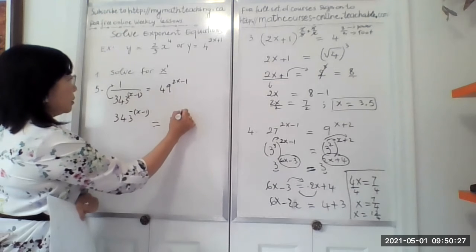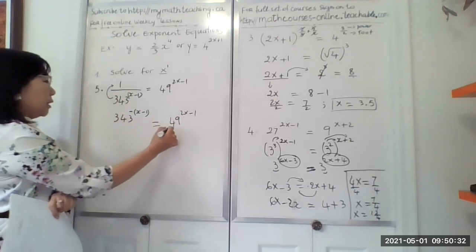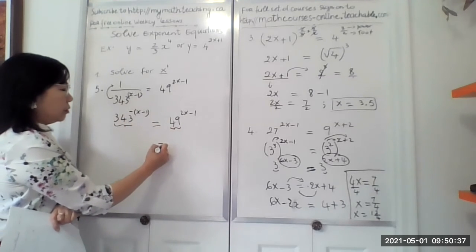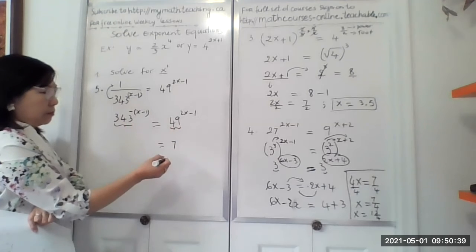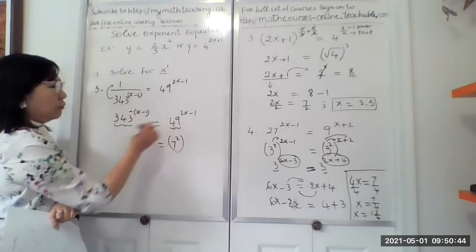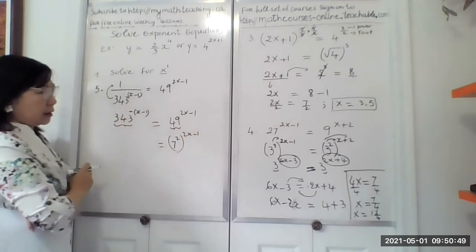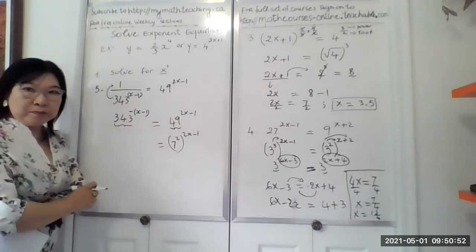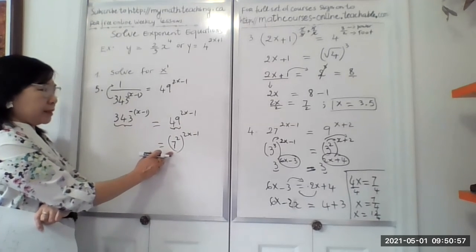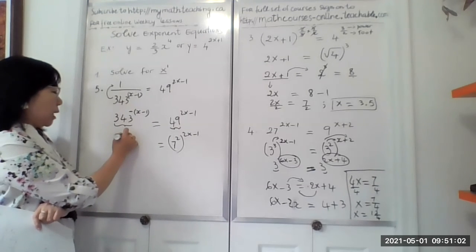I'm going to copy this exactly the way it is. Now I notice that I can turn this to the same base, because this can turn into 7 to the power 2, and of course 7 to the power 2 equals 49, 7 times 7, right? And out here, I still have the power on top. So now I have to change this number into the same base. So I think this is 7 to the power 3.